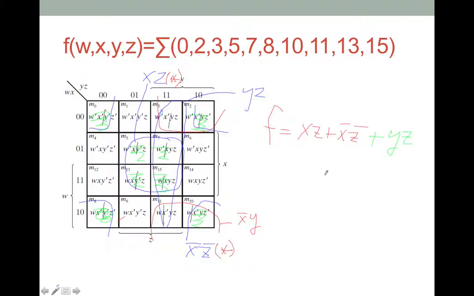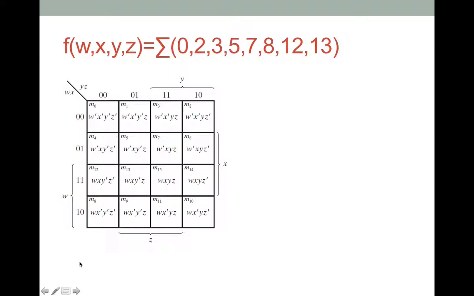This is a simplified equation. Or if we choose the one marked as red, that is also the same complexity as this one. So we have two optimum solutions in this case.